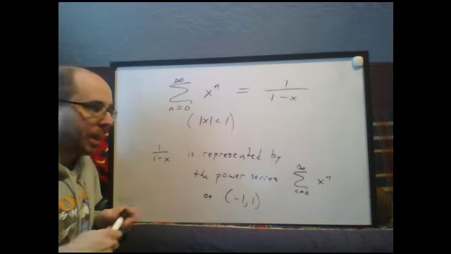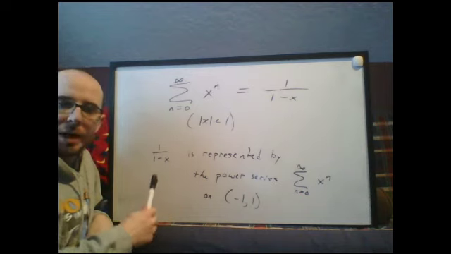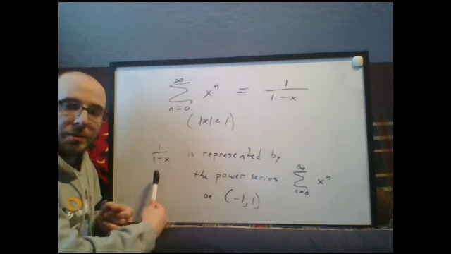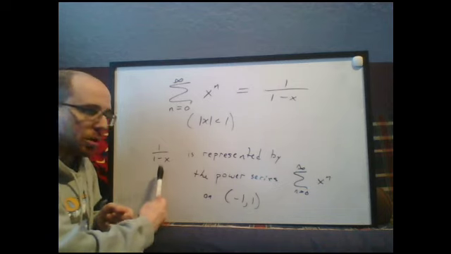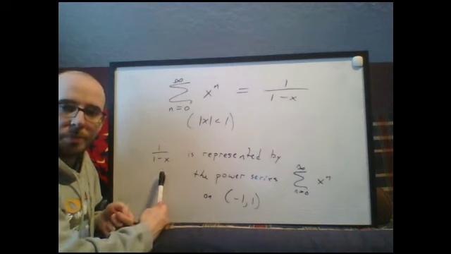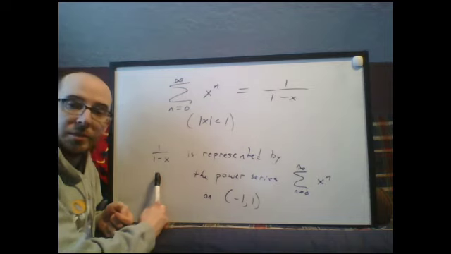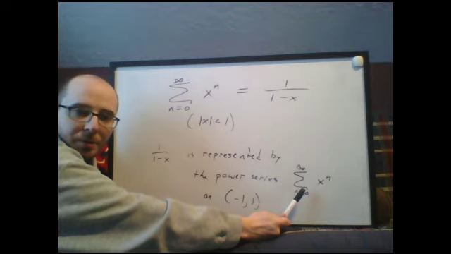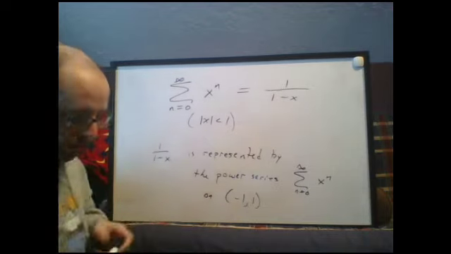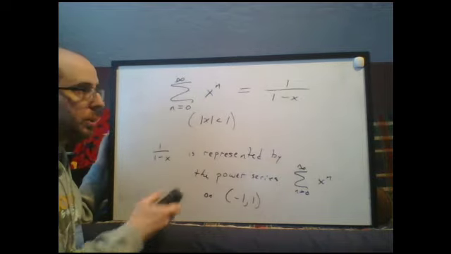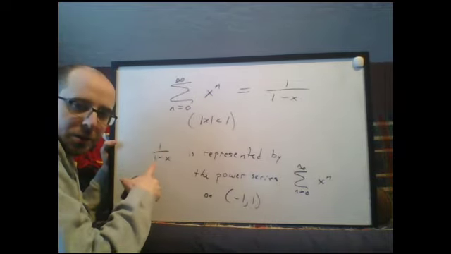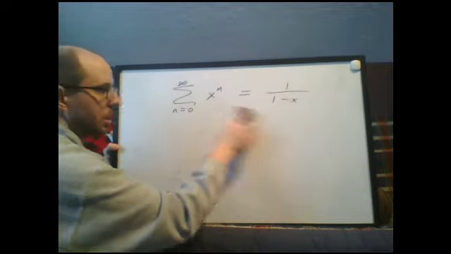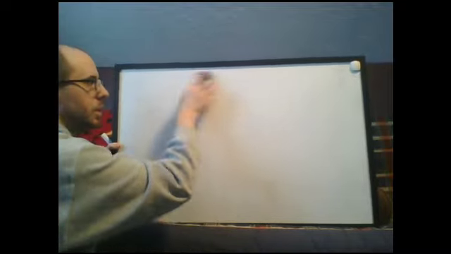So if we have a complicated function, this was not that complicated, but if we had a complicated function and we want to integrate it somehow, it may be difficult or impossible to do it from the rules that we know from chapter 7. But if I turn it into a power series, integration is now very simple because it's just a polynomial. Okay, so that's the motivation for what we're doing here, is we want to turn functions into infinite polynomials to make certain things possible or easier.